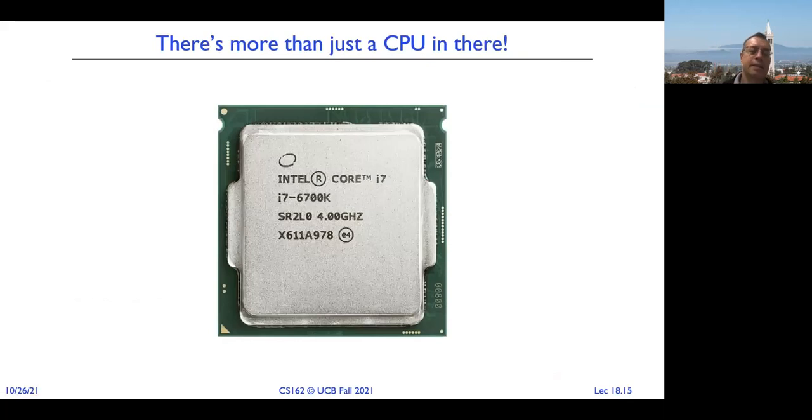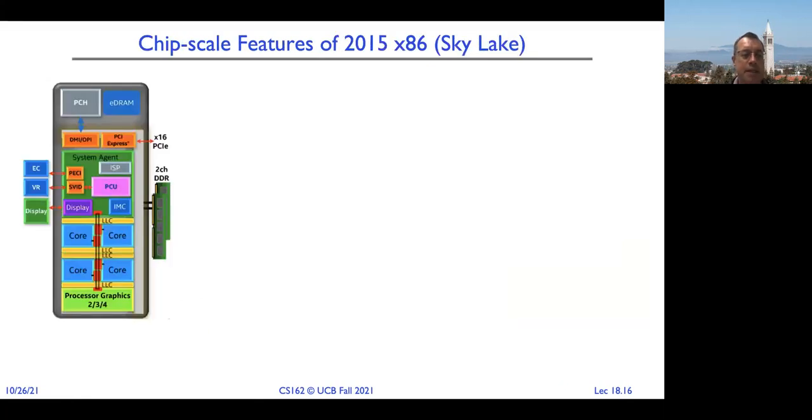Now, here is an interesting thing. So far, I told you that you have this processor and all these other storage devices and IO devices around it, and they are connected by the bus. But if you look into a processor itself, you see some similar things, because a processor is not a monolith.